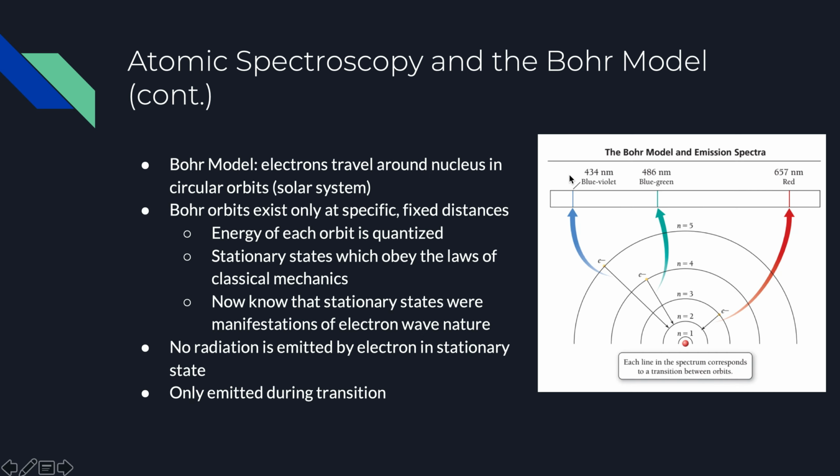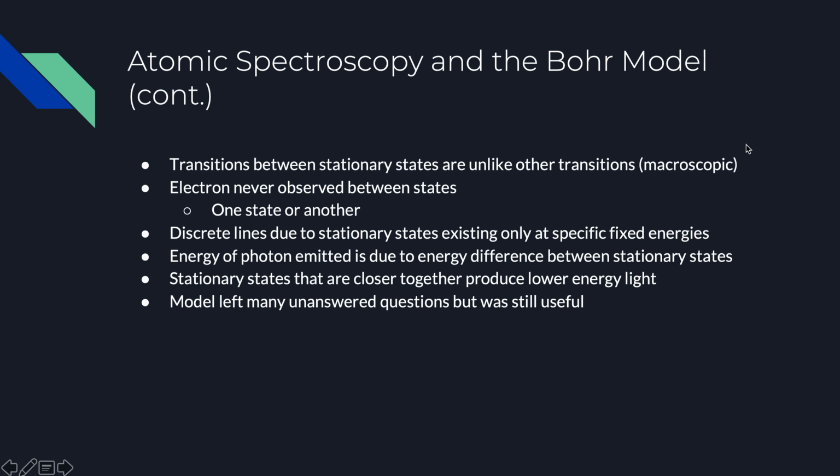So 5 to 2, which is a large transition, will produce a high energy, short wavelength blue-violet light, whereas 3 to 2, which is a small transition, will only produce low energy, long wavelength red light. The problem with the Bohr model is that it still left many unanswered questions, but it was in fact useful for modeling this.